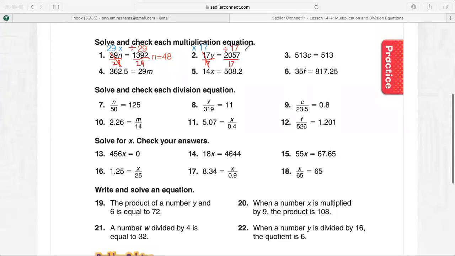It is equal to 2057 over 17. So I have to divide by long division. 2057 divided by 17 is equal to 121.